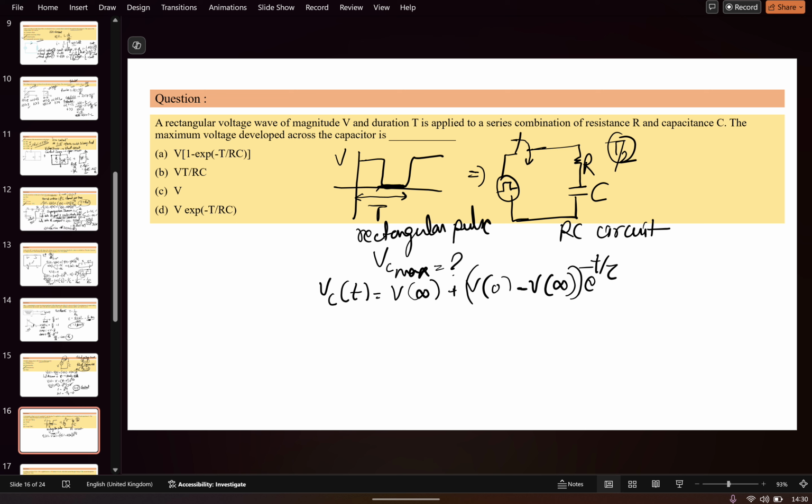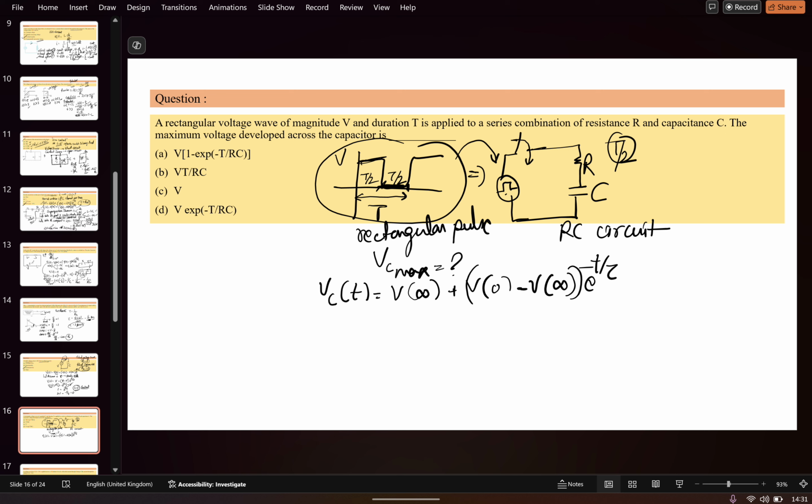When you switch on, the voltage appears across the R and C, constant at V. This is T by 2 and this is T. It appears exactly like a switch connected across the R and C. When the switch is on, the voltage V will appear. When the switch is off, the voltage will become zero.